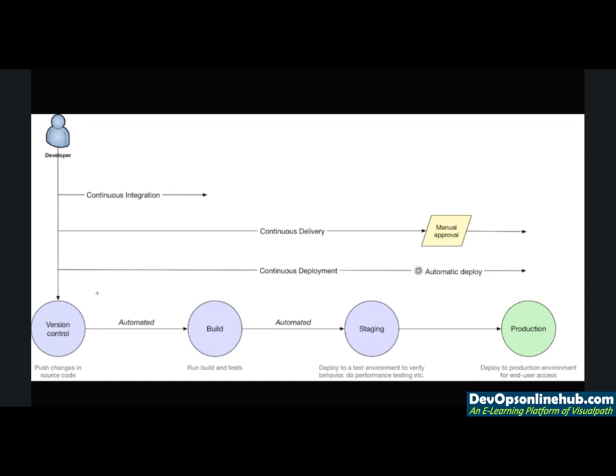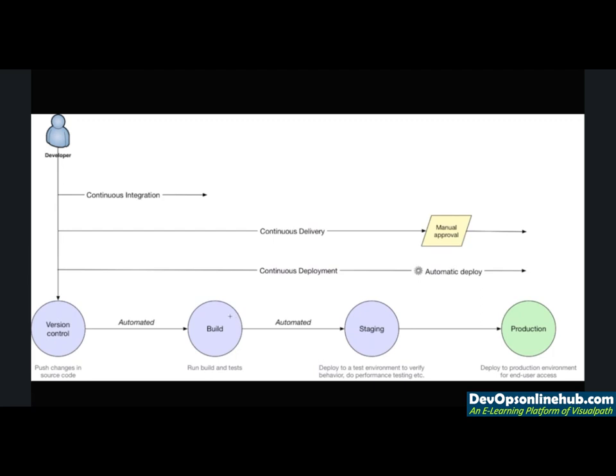So over here, a developer commits the code to version control. It is automated and built, and then it's automatically deployed to staging, and then it's deployed to production. But this portion from version control to the build system and building is part of continuous integration.